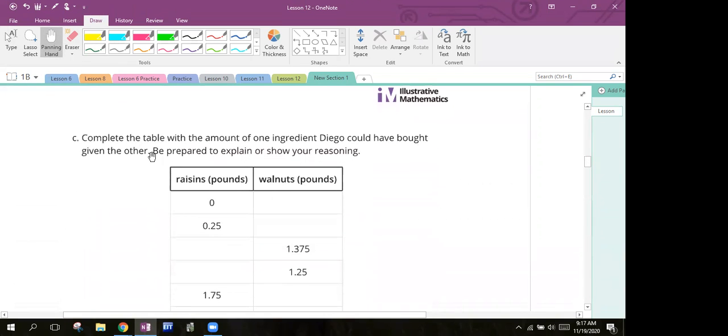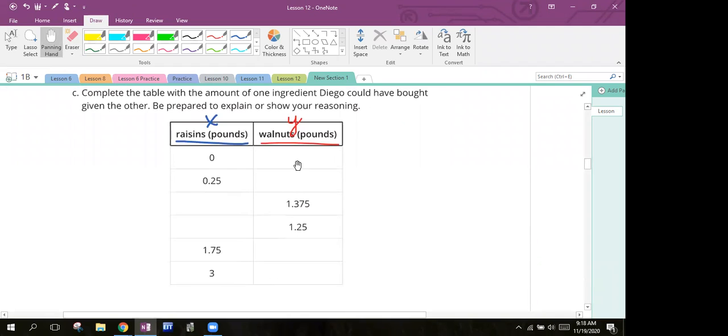Now we're given this table to complete. It says complete the table with the amount of one ingredient Diego could have bought given the other. Be prepared to explain or show your reasoning. So automatically I notice my raisins, which represents my X values, and my walnuts, which represents my Y values. Okay, so it's wanting us to find these missing values in my table given what the other variable represents.